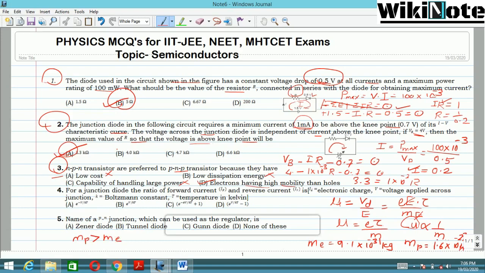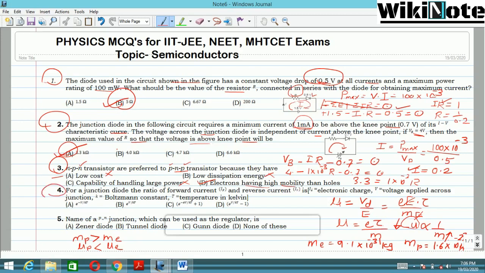If the mass is more, that means mobility is less. So mobility of proton will be less than the mobility of electron. Now you can see why NPN transistors are used. In case of NPN, I do have N type, so majority charge carriers are electrons, and for PNP majority charge carriers are holes. So that's why NPNs are preferred over the PNP transistor because of high mobility.